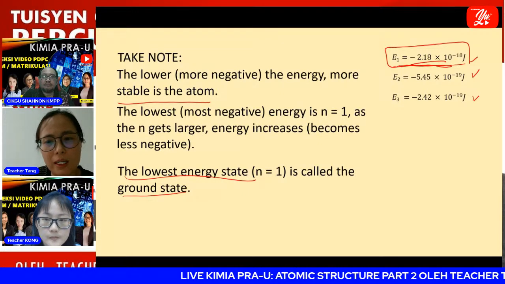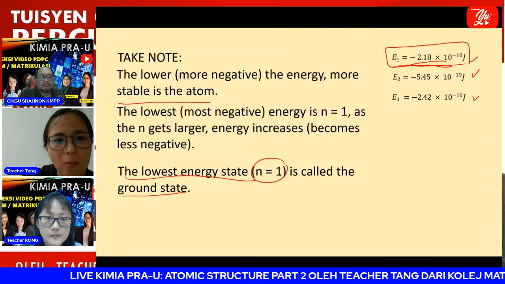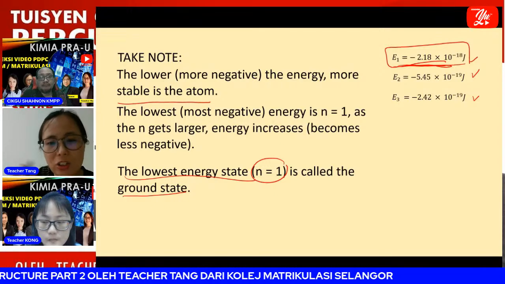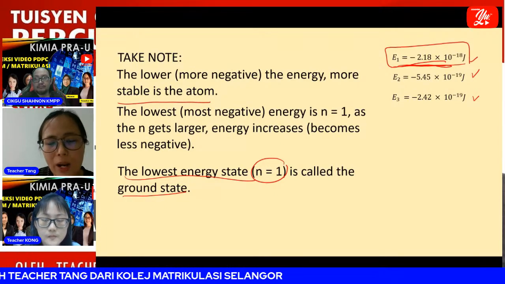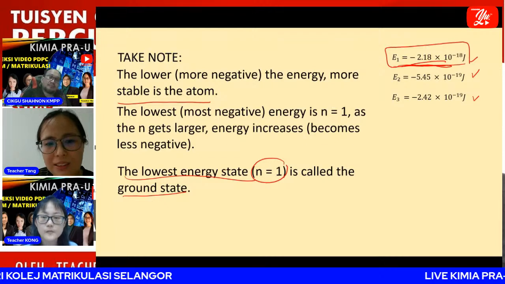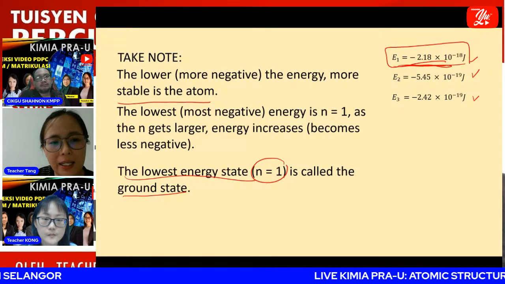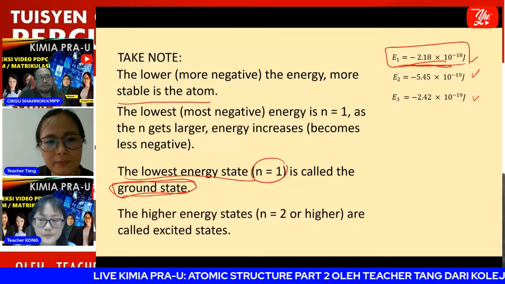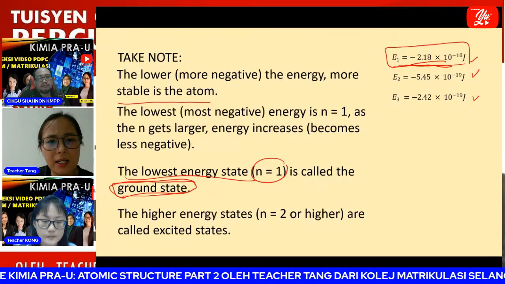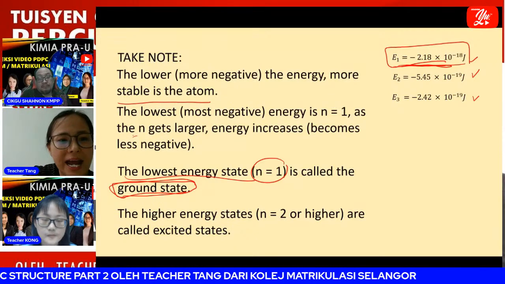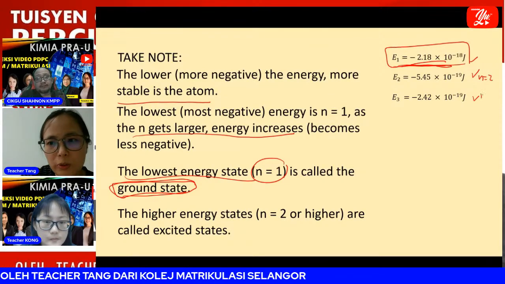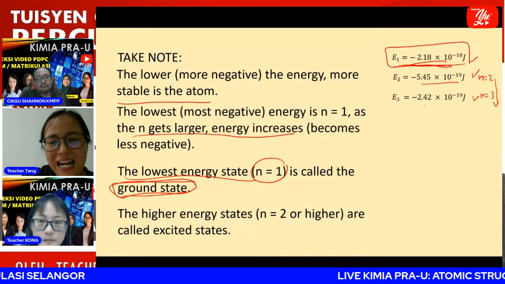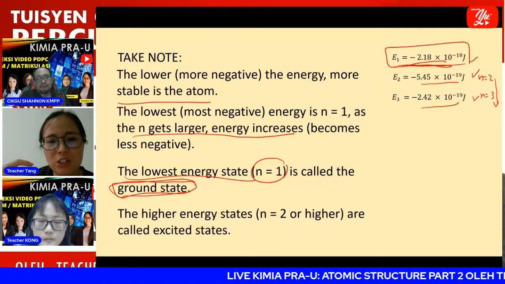Again, n equals 1 is the most negative, so the electron is most stable and the hydrogen atom is most stable. When the electron is at n equals 1, we say the electron and the atom are in the ground state, the most stable state. Then as n gets larger, n equals 2, n equals 3, the energy becomes less negative, or in other words, energy increases.